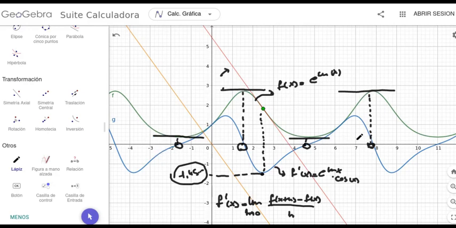When our derivative is decreasing, it means that our function, well, in this case it's increasing, but it's increasing less and less every time, up to the point where it stops increasing, and that's why the derivative is 0, and then the function starts decreasing. So our derivative is negative in this interval.